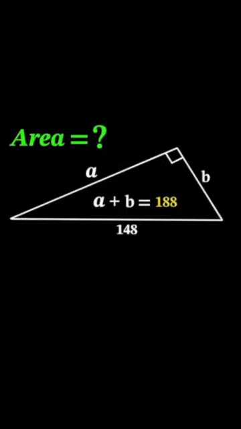No, we need the area, guys. I need the answer for the area. Yes, a square plus b square is equal to 148 square. You are right, Raghavan. Why are you not putting 148 square also, Raghavan? You are putting square on 188. Why not on 148?